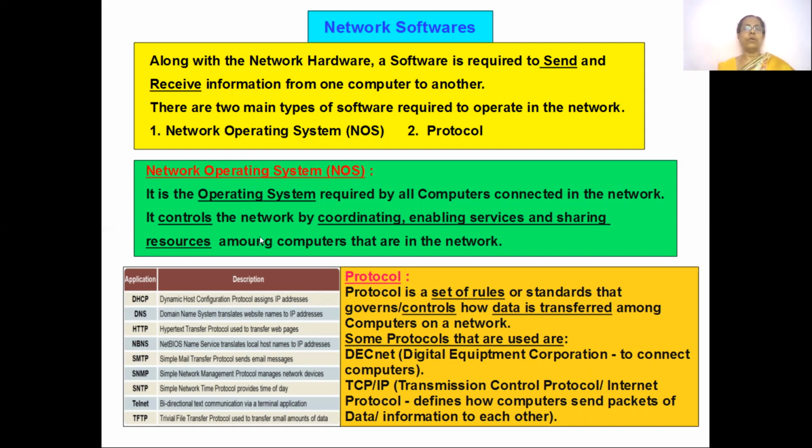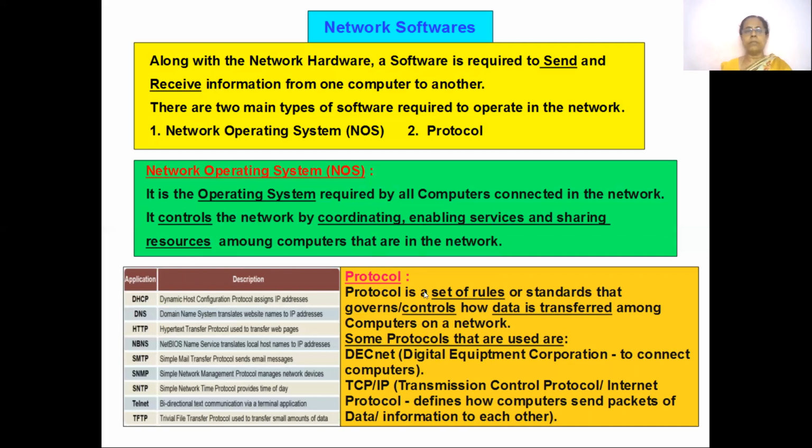Then only you can work on the computer with all these things. So it controls the coordination, the enabling of whatever services you require, and you can share resources. Resources like the printer and the scanner are called the peripherals, shared amongst the computers that are in the network. So you need not have one printer for each system. If they all are in one room, you can just operate it with the shared resources.